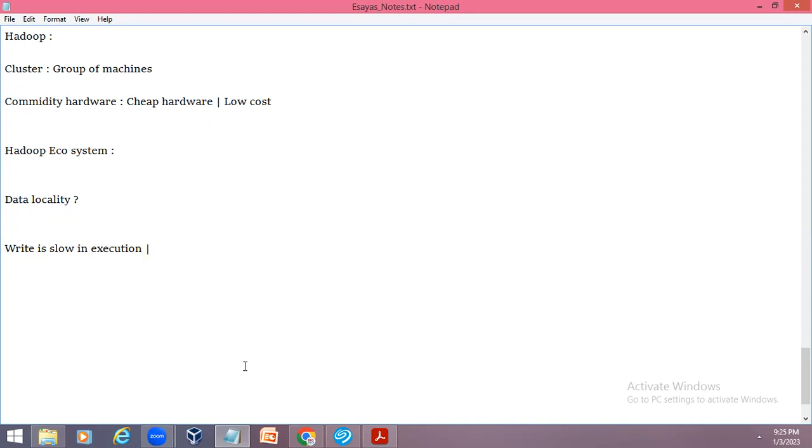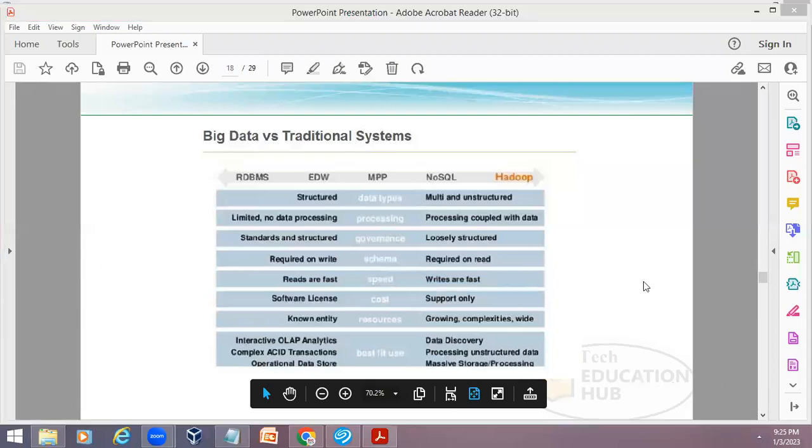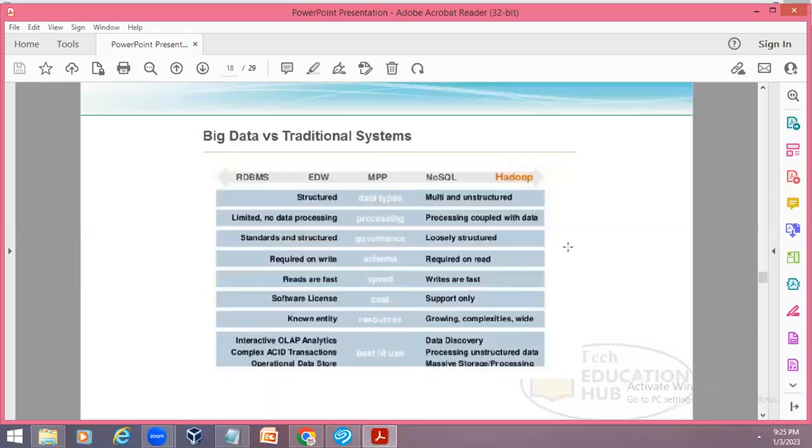Let me start from the other one, the RDBMS. So RDBMS reads are fast because it's defined. The schema is defined in a tabular format, and it is stored in a certain place.